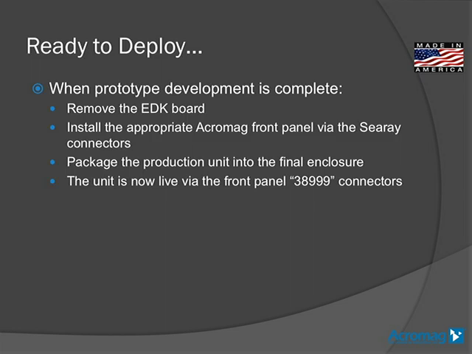And what I've done here is we've removed the EDK from the front piece of the carrier off the C-Ray cards, installed using the same C-Ray connections, our front I/O production panel, and by installing this on there and removing the EDK, your unit is now live with the 38 399 connectors in the front, and you're ready to install into the final enclosure.